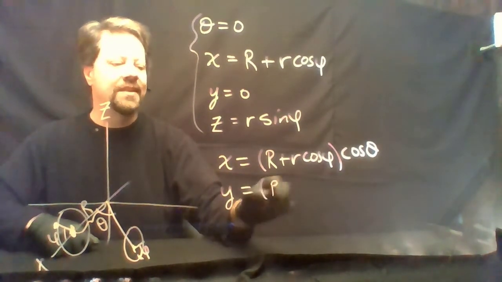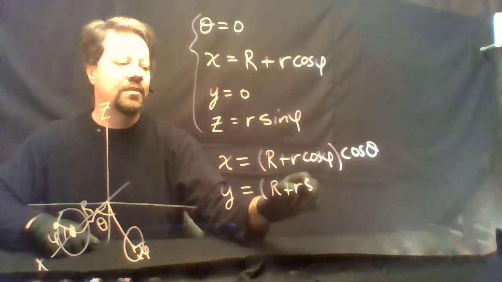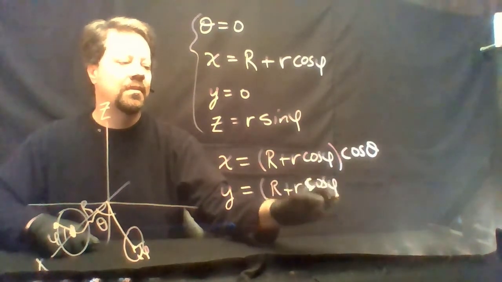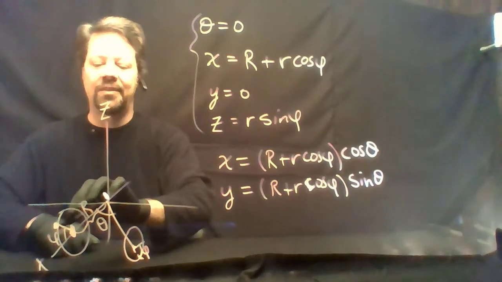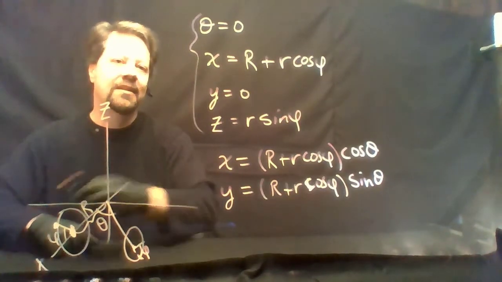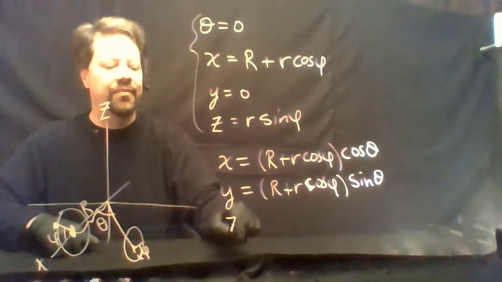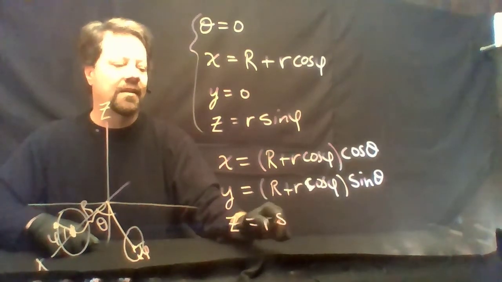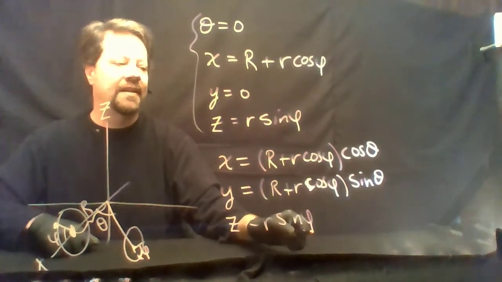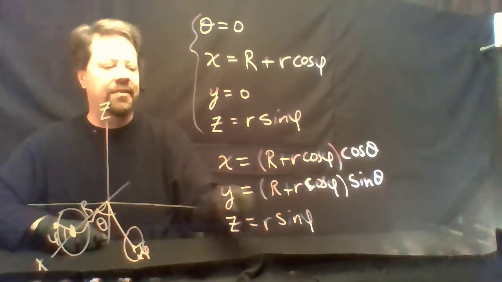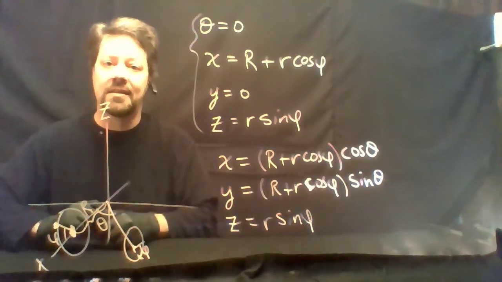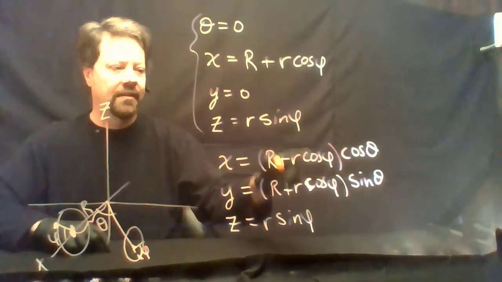Y is going to be the same thing, but multiplied by sine theta. It'll be 0 when theta is 0, and a maximum when theta is pi over 2. And z will be r sine phi. Here we will assume that both little r and big R are constants, and the parameters are phi and theta.